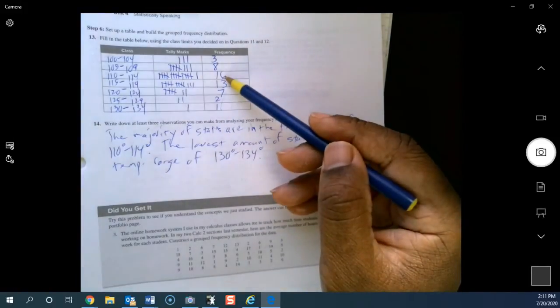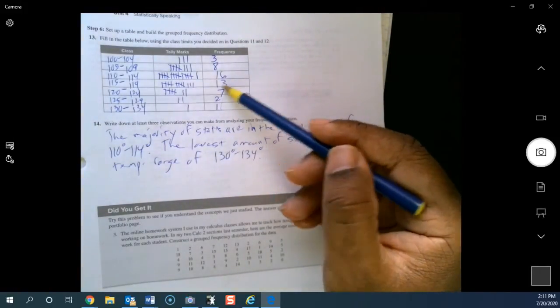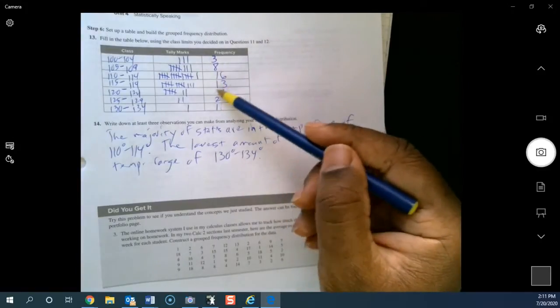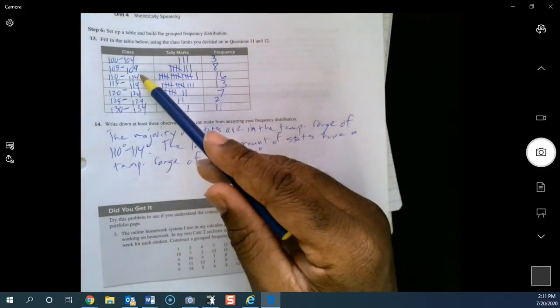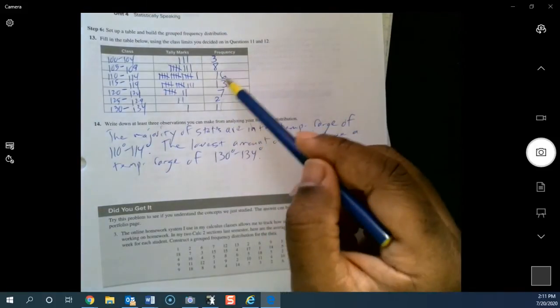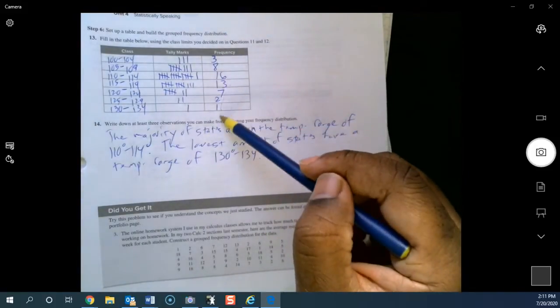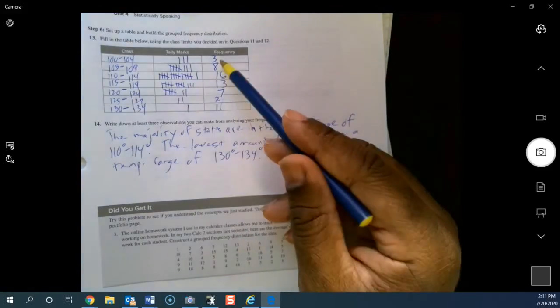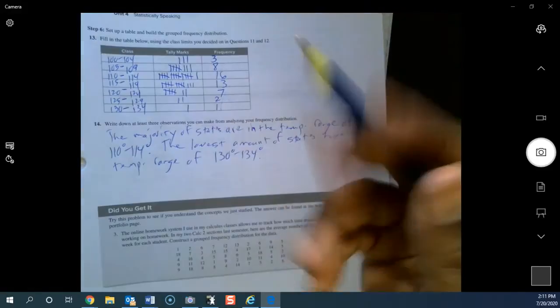if you look basically here in the center, most of them reside in the 110 to 114, 115 to 119. They're very close. But as you go higher or lower, you notice that the frequency gets lower.